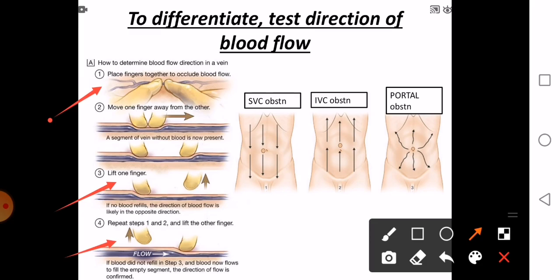And if there is portal obstruction, you will see that it keeps in line with the watershed line. That is, the veins above the umbilicus will go upwards, and the veins below the umbilicus will go downwards. That is, the veins will radiate away from the umbilicus, a star-shaped pattern. That is how you determine the site of obstruction, or which vessel is obstructed.